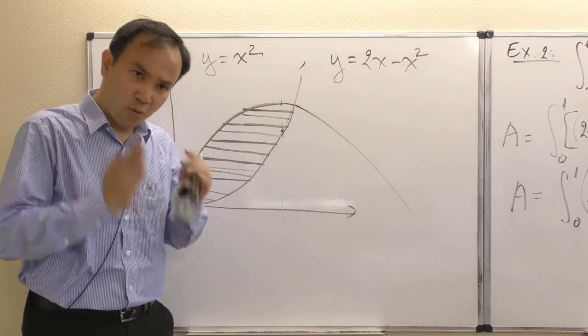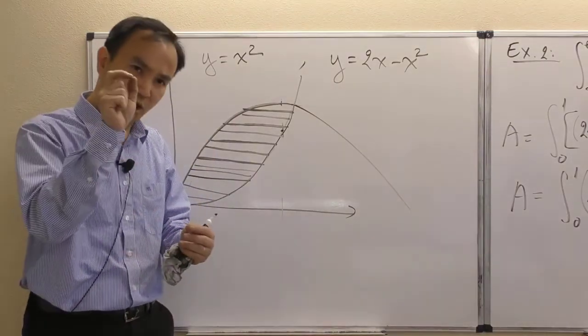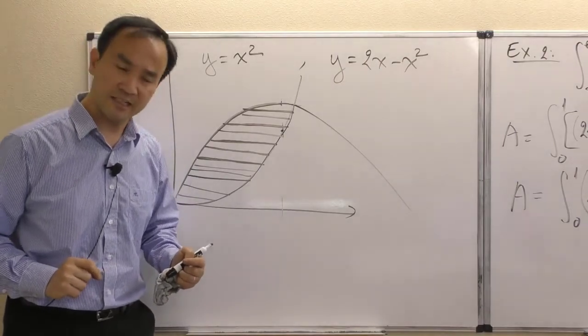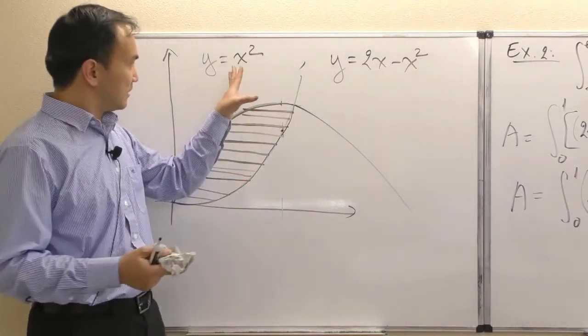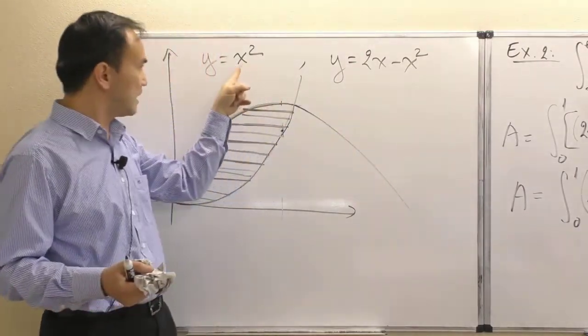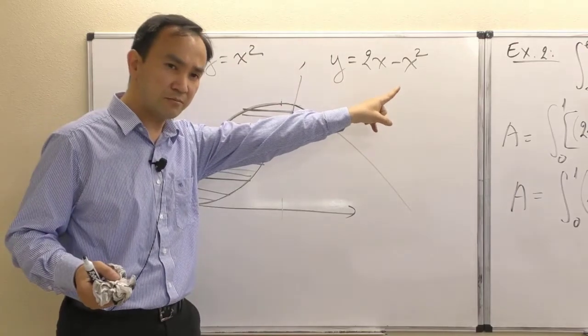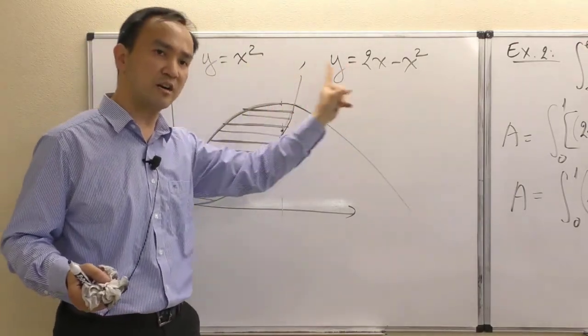I want viewers and students of mine to keep in mind that going with dx or dy is your choice. We can decide that, but any decision has a consequence. The author of the problem already gave us the two curves expressed in terms of x.